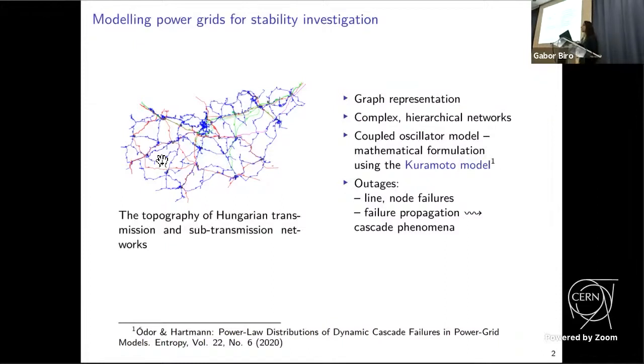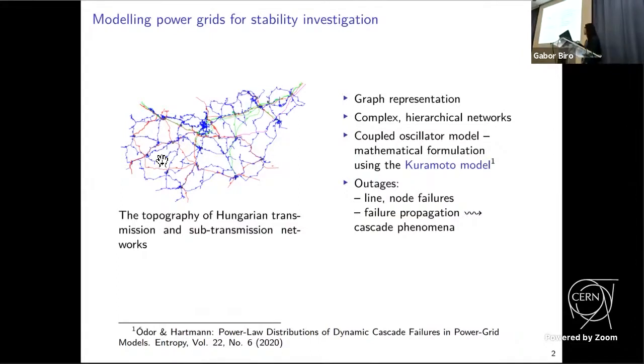As I told you, the Kuramoto model has oscillators at every node that are coupled. And in normal operating conditions, every node has roughly the same frequency.